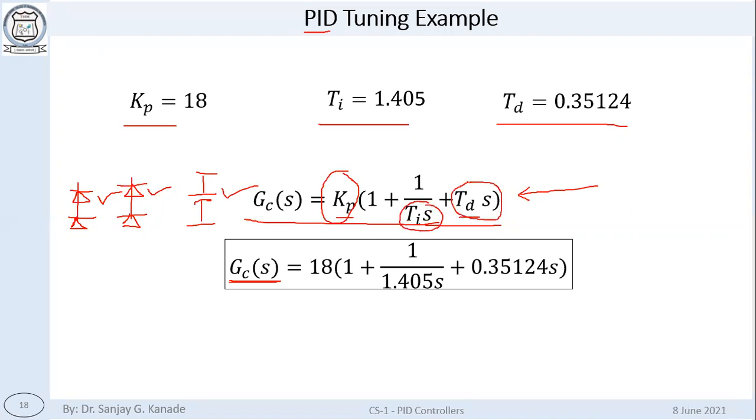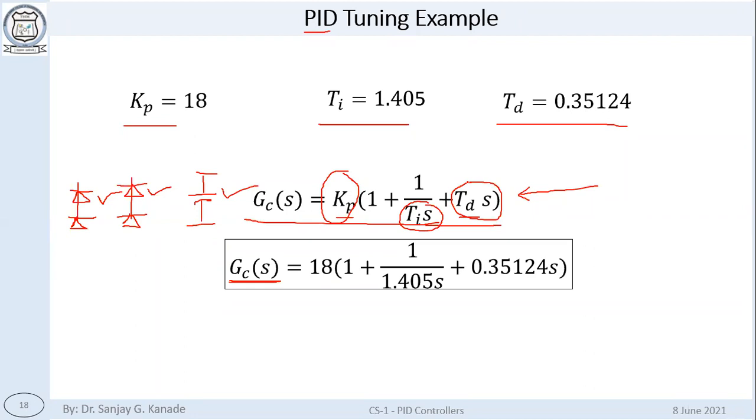Whatever task you are performing, whatever plant you are using, for that particular plant, what are the values of KP, TI, TD that would be best suited as per your requirement?